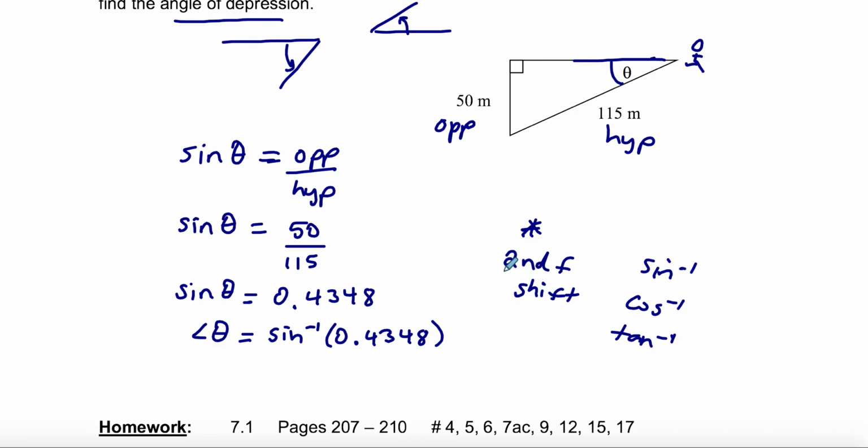Depending on your calculator, it's usually the top left button. Hopefully you can practice this and figure it out. We would get 26 degrees. So therefore the angle of depression of the passage is 26 degrees.